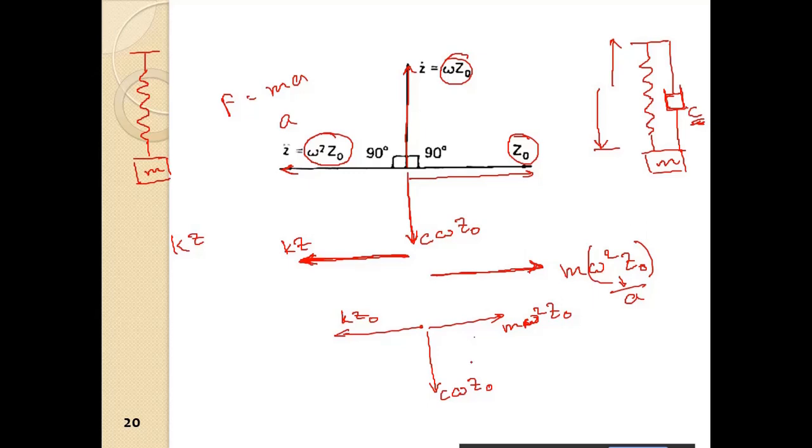Alright, so we have these three forces of a free vibration system. So this is basically a free vibration system.